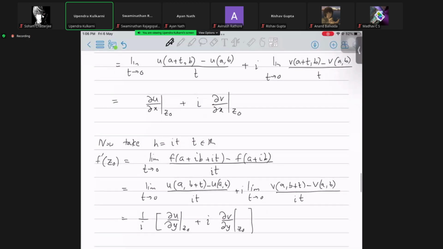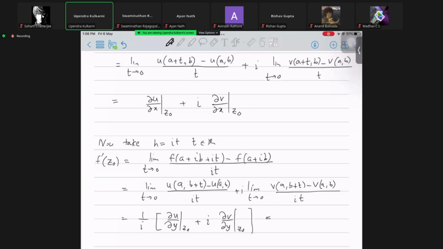So, okay, all nice and good, but this 1 over i makes things interesting, right? So what does that do? Let's write this as a real plus an imaginary part. So the 1 over i is minus i. So what does this give me? The partial of v with respect to y, minus i times the partial derivative of u. Exactly.